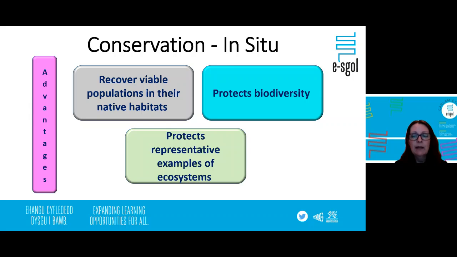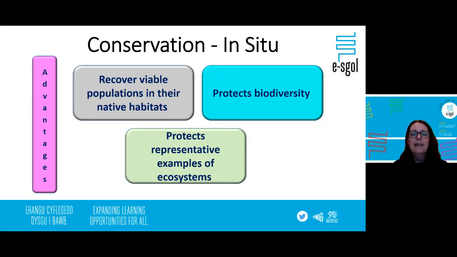Biodiversity is protected, so the wide variety of living things that we have in a particular habitat is maintained. If any trees, for example, are cut down, then they are replanted. So the whole idea of conservation in situ protects that area.